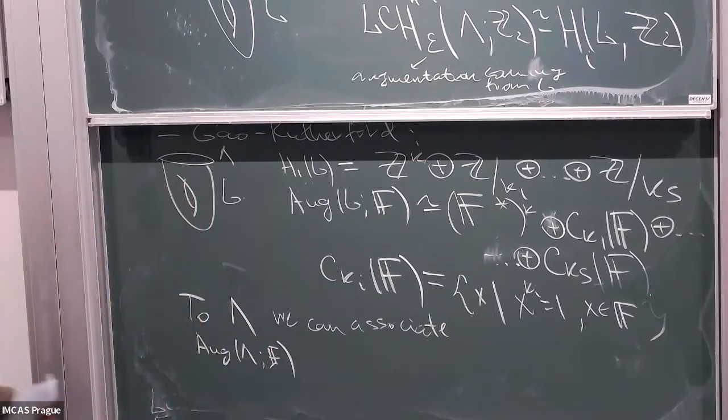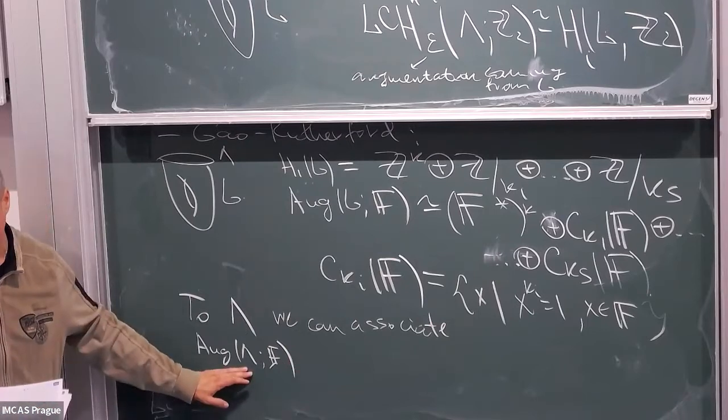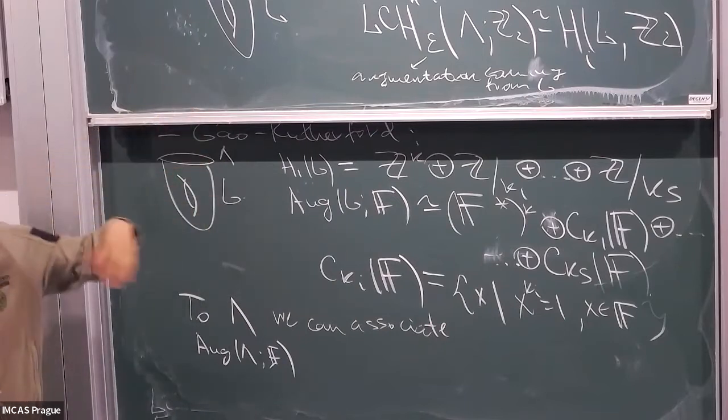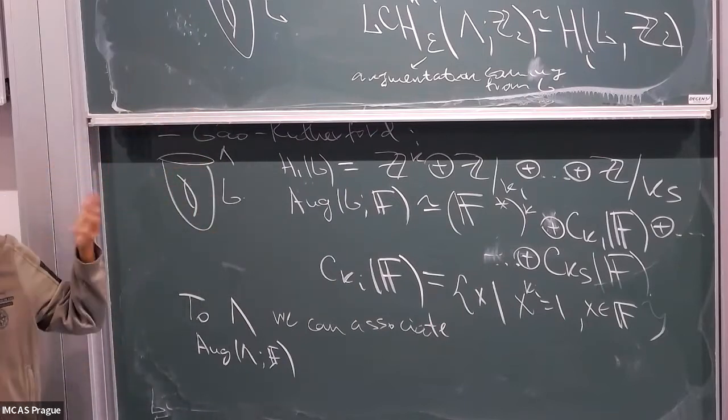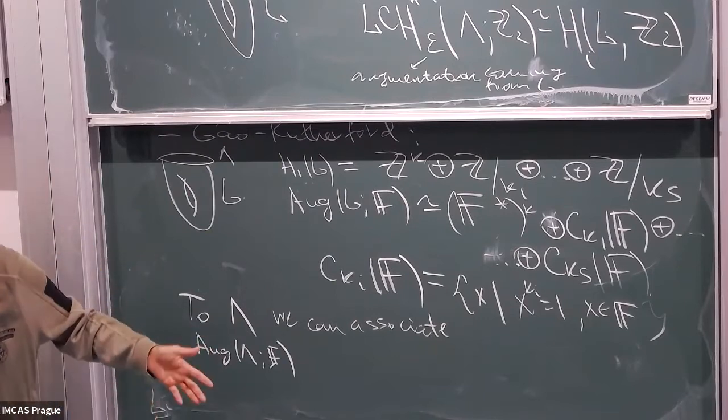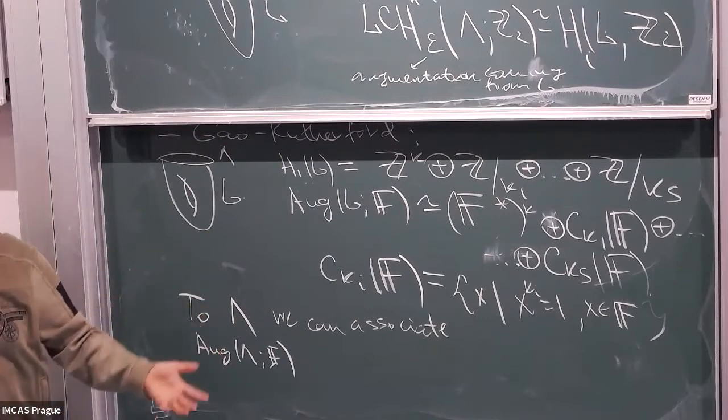Now it's less constructive. To lambda, we associated the Chekanov-Eliashberg algebra. We provided the definition over Z2, over F2 if you wish, a field which is simple.